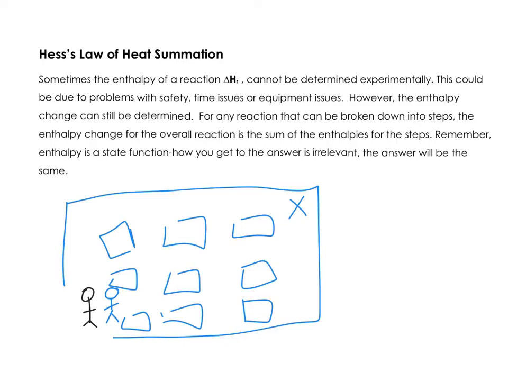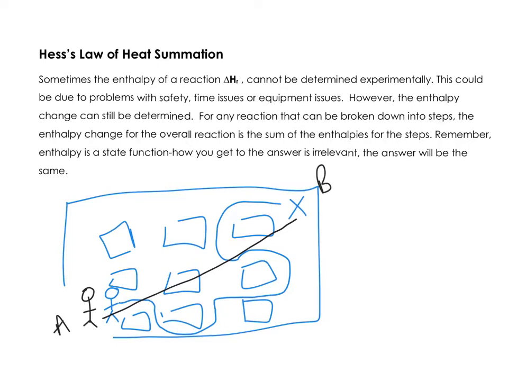If student B did a whole loop-de-loop to get there, and student A took a more direct route, climbed over any desk that was in his way, the enthalpy change for both of them would be the same. It doesn't matter the path that they took to get there. The enthalpy change to get from point A to point B is the same. That's what a state function means.